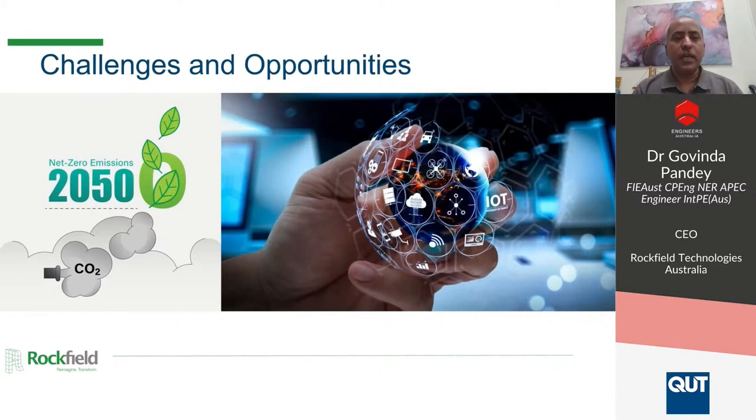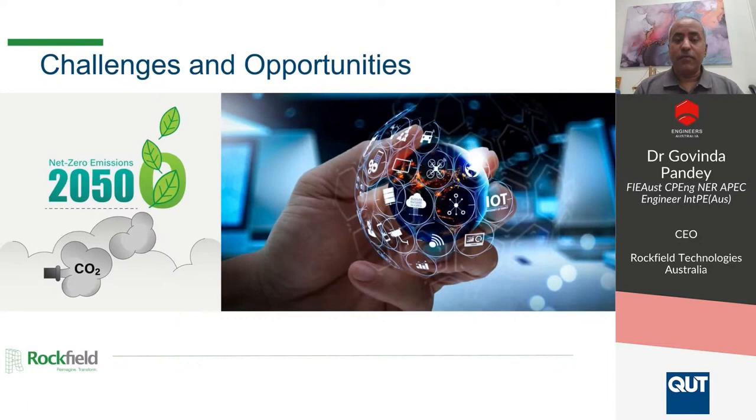So now to conclude, we've got both challenges and opportunities ahead of us. The major challenge for us now is around climate change. As a society, we've got to get to net zero by 2050, if not before. And with CO2 emissions still going up at the moment, not only do we have to bend the curve, but we have to bring it down to zero.